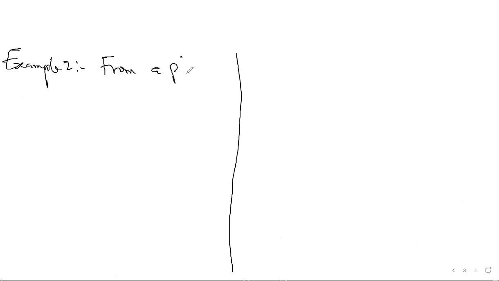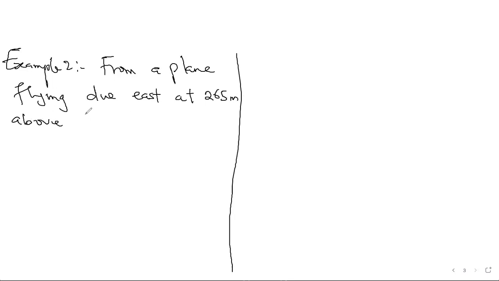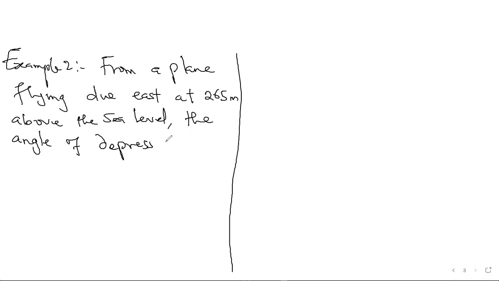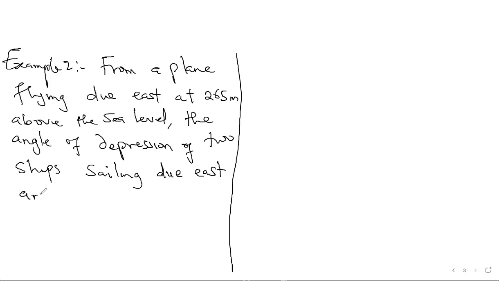From a plane flying due east at 265 meters above the sea level, the angle of depression of two ships sailing due east are 35 degrees and 25 degrees.